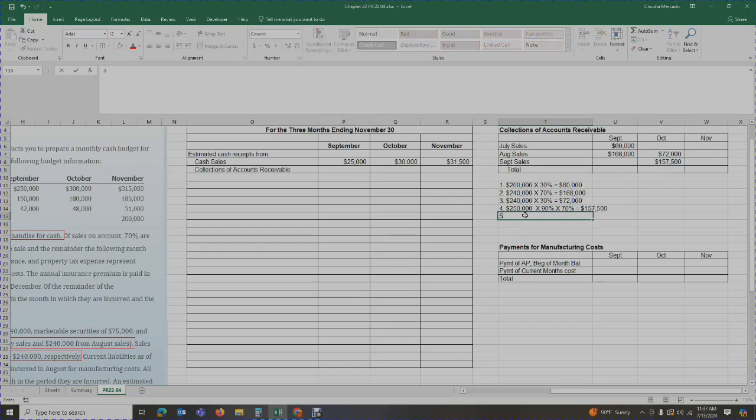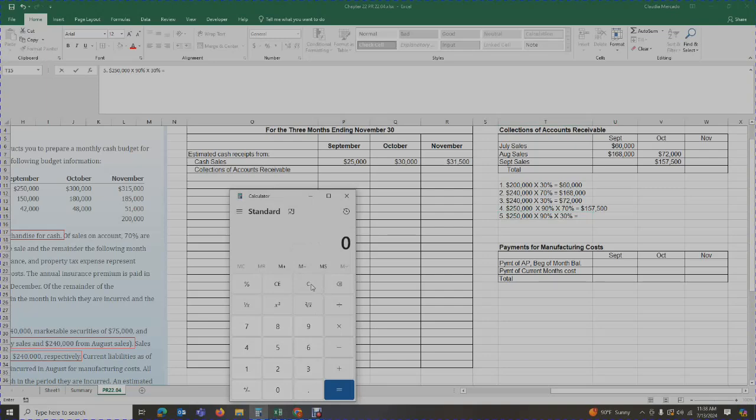Okay. And then I'm going to do the same thing. 250,000 times 90%. And remember, we multiply 70% the first month after the sale is made, 30% the second month after. So if we made the sale in September, we're going to collect 70% in October and 30% in November.